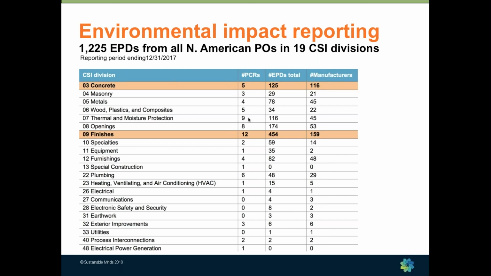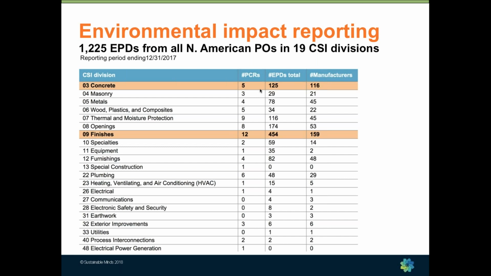But what's interesting is that 19 CSI divisions is a lot. I mean, that's pretty good coverage. That's a heck of a great start to be specifying products for a building where a lot of the products that get specified could have EPDs.